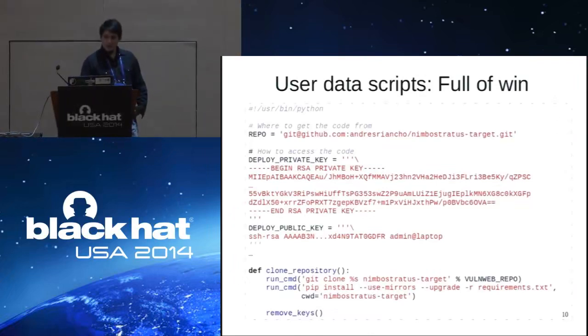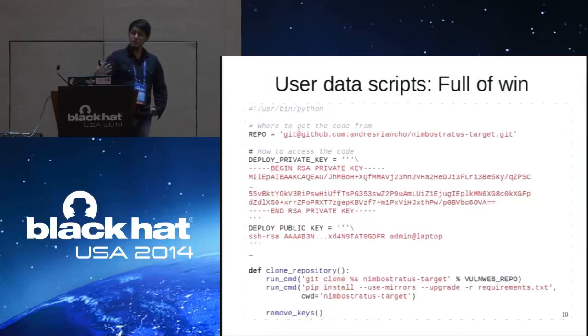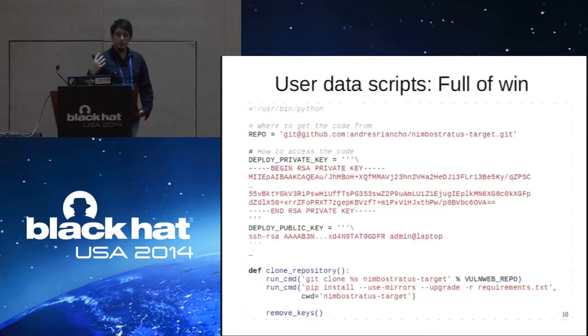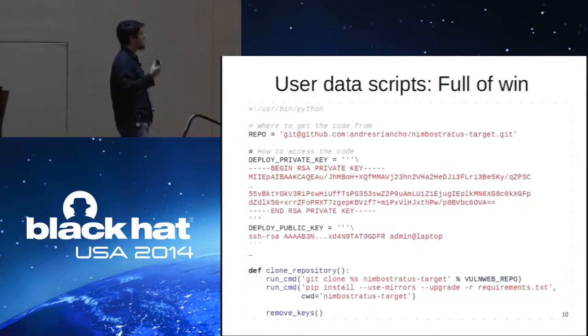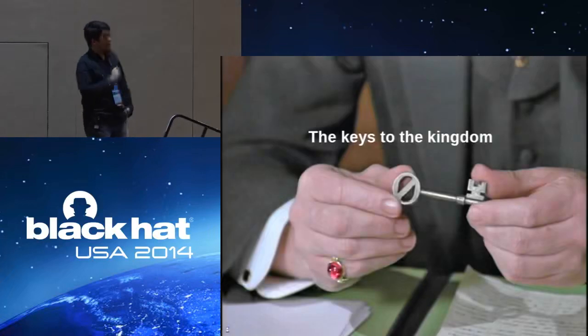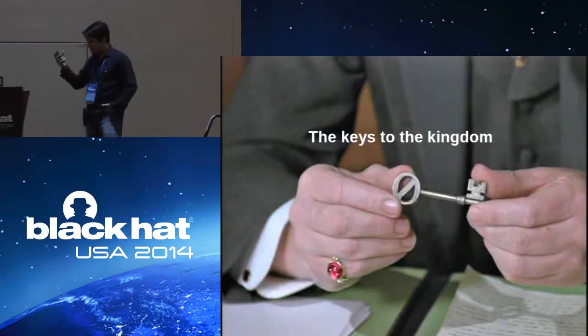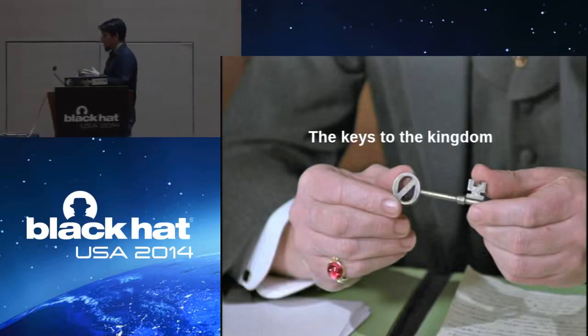So with this, I had access to the source code of the web application that I was trying to pen test, which was really good. I had the keys to that web application.